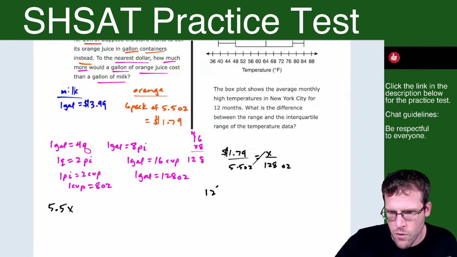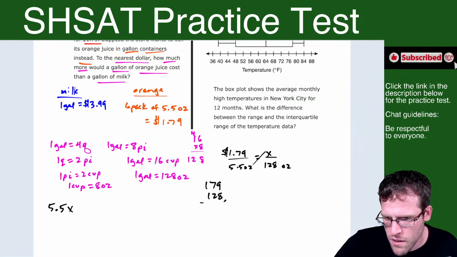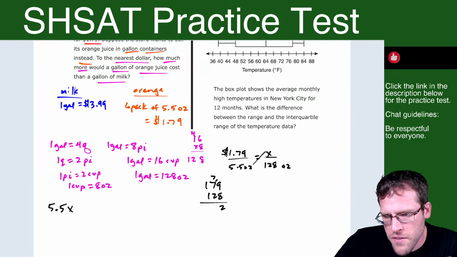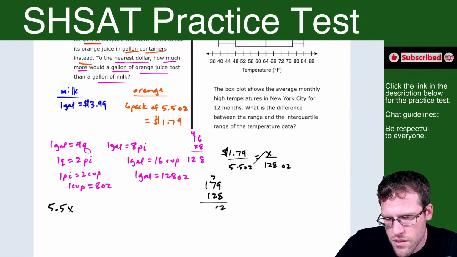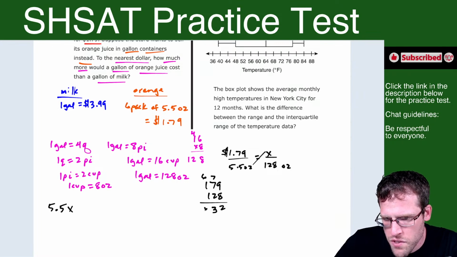Whoops. All right, so we're multiplying 128 by 179, and then I'll just move the decimal over later. 72, carry the 7. 56 plus 7 is 63. Carry the 6. 14.